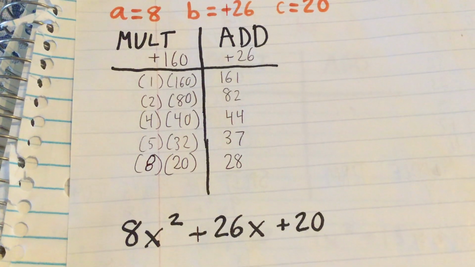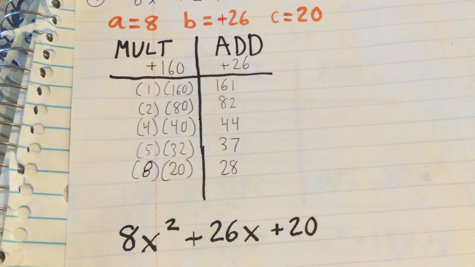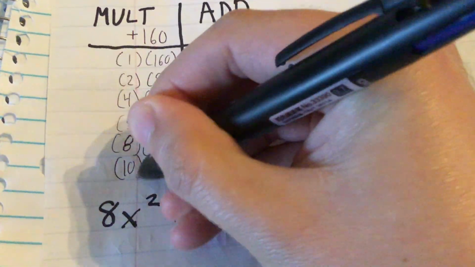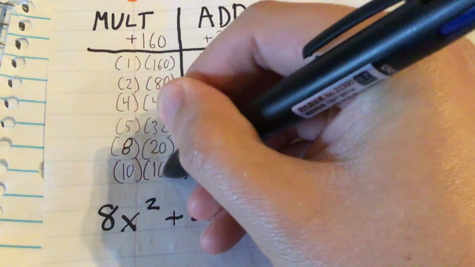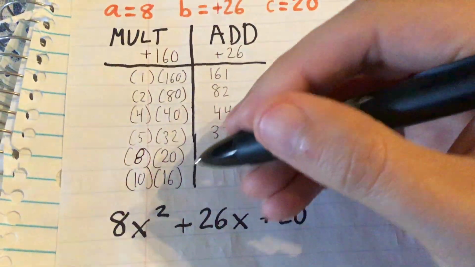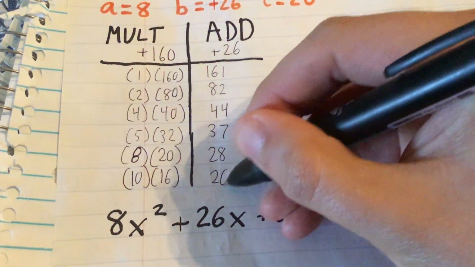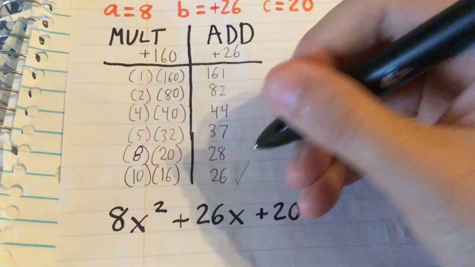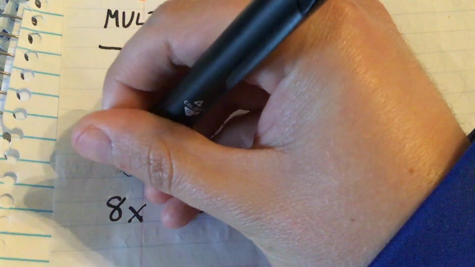Let me try 9. 9 doesn't work. 160 divided by 10. Oh, that does work. So let's try 10 and 16. 10 times 16 is 160. 10 plus 16 is 26. Whew, got it. That was nerve-wracking, but we got it.